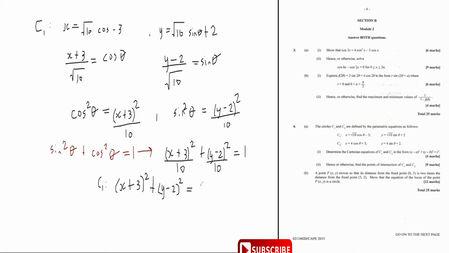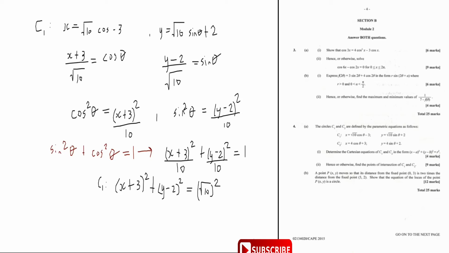Alright, nice and easy. Now, since I said to write it in the form r squared, you can rewrite this as root 10 all square instead of 10. And that is for C1.